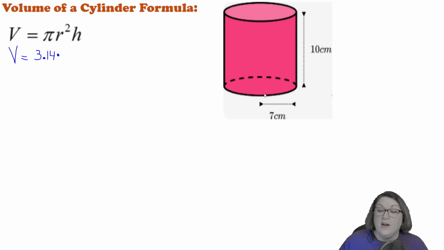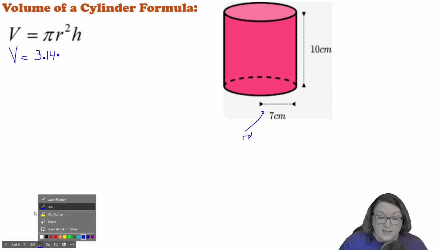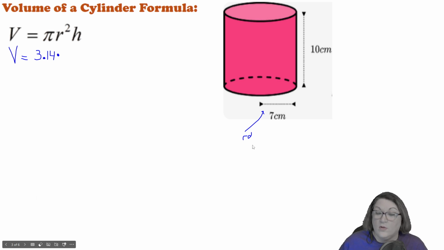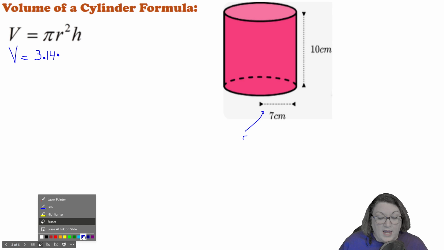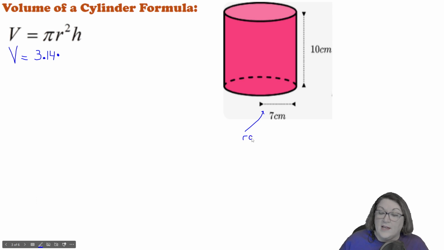The radius squared is to take our radius, which in this case is the 7 on this pink cylinder here. Okay. So the radius, and have you noticed that they listed it underneath the cylinder here? Sometimes they write it inside the cylinder.